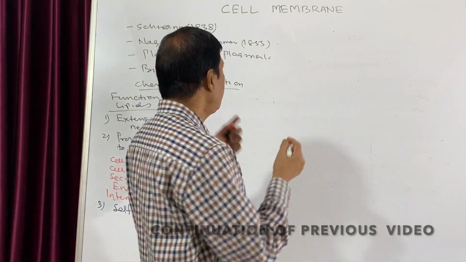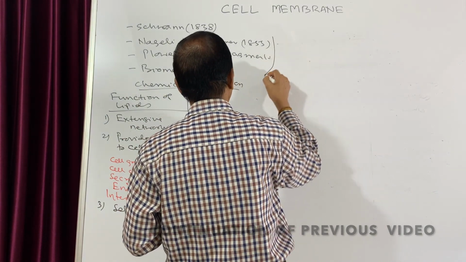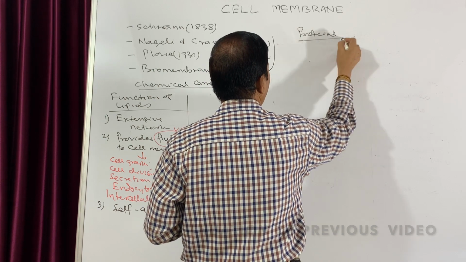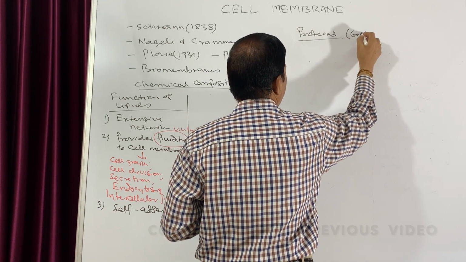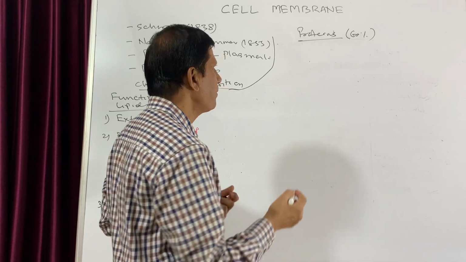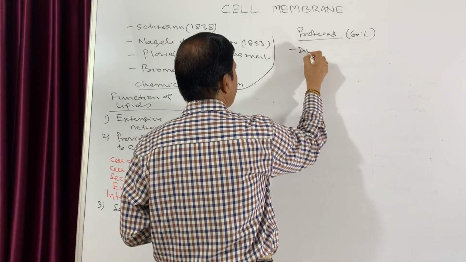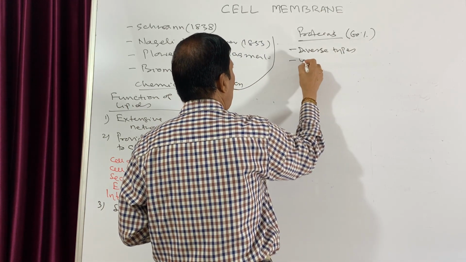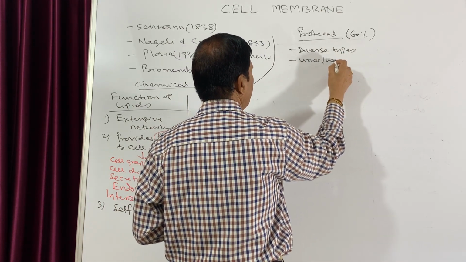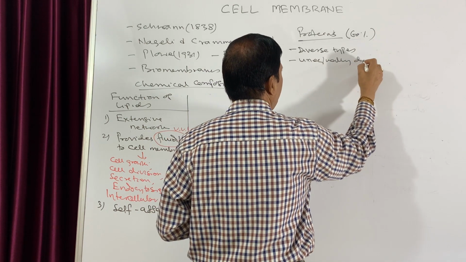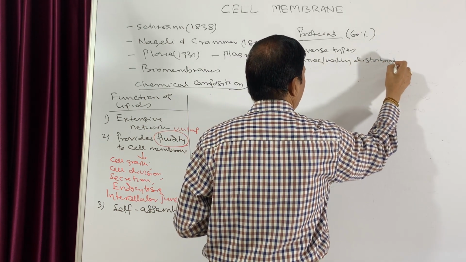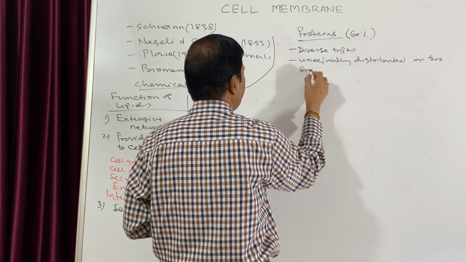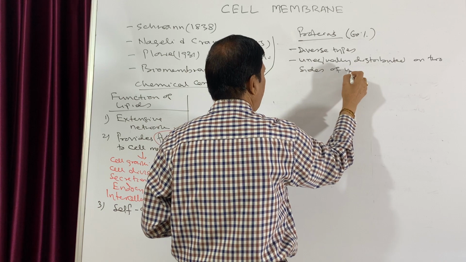So if we discuss the proteins, they constitute about 60% of the cell membrane. They are again of diverse types. Then they are unequally distributed on two sides of the membrane.